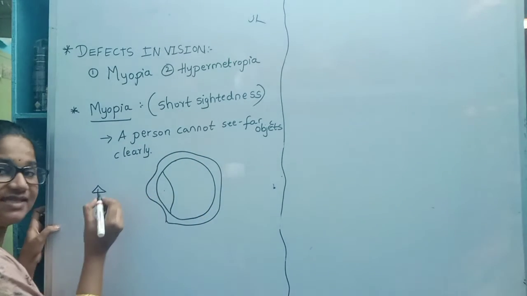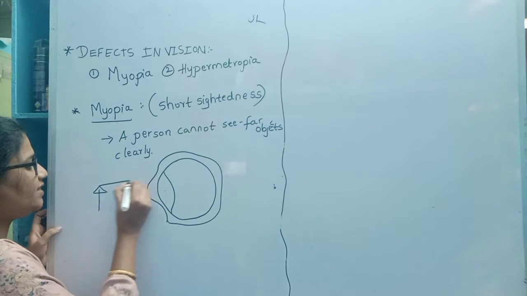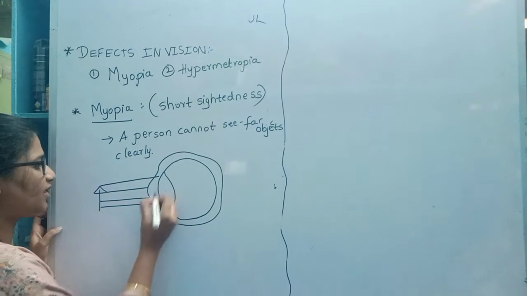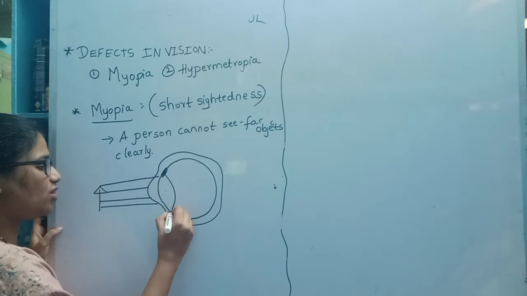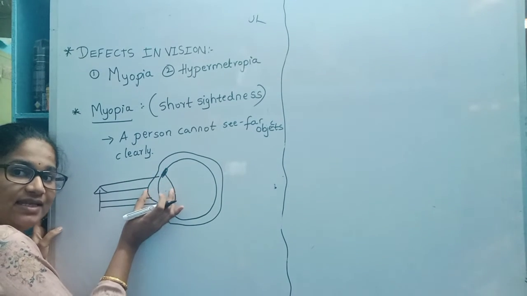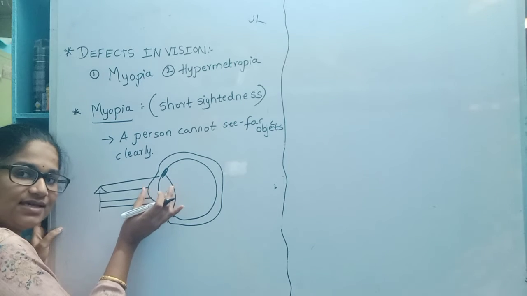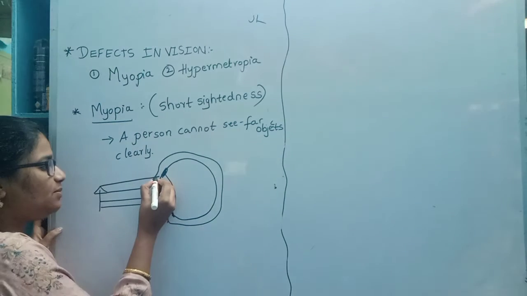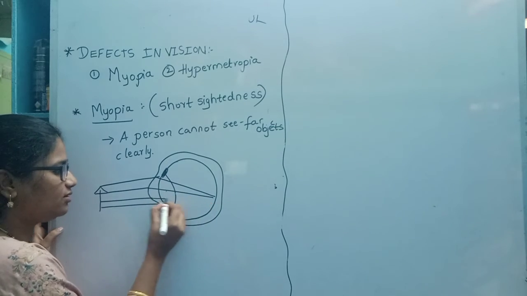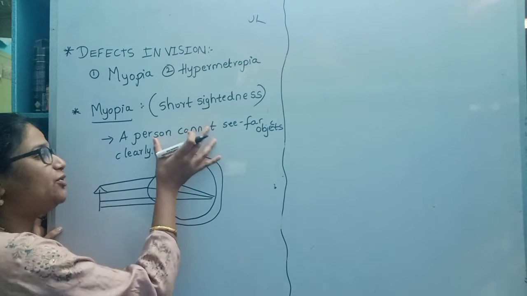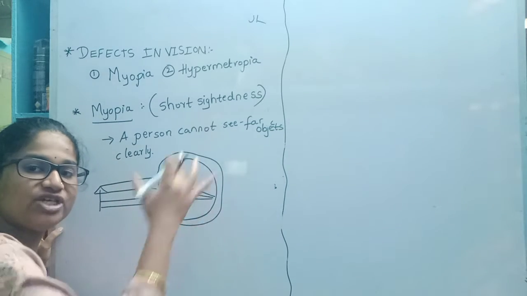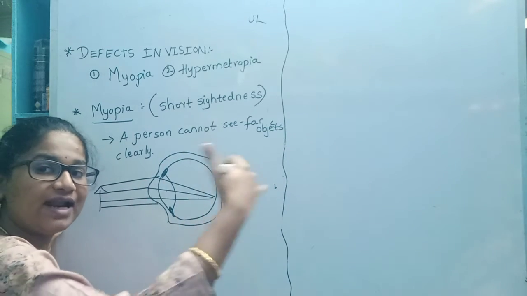This is the cornea and this is our lens. When parallel rays of light fall on the eye, the ciliary muscles make the curvature of the lens less, that is, they make the lens thin, so that the image is formed on the retina. But due to myopia, this person is not able to see objects which are far at a distance.